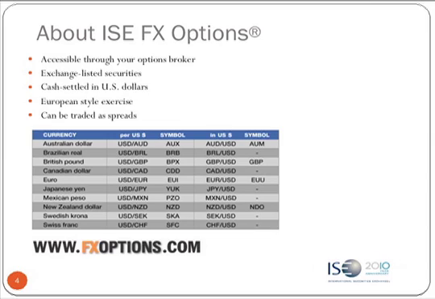One of the things I just want to add on to what Steve said about the ISE currency options is that what's really neat about them is that you can trade these in a brokerage account. You don't have to have a futures account or a spot forex account. You can buy a call option on the Aussie dollar in the same way you buy a call option on Google, IBM, or 3M.